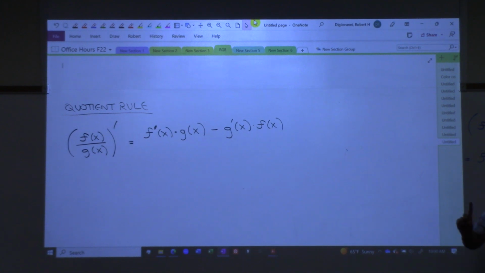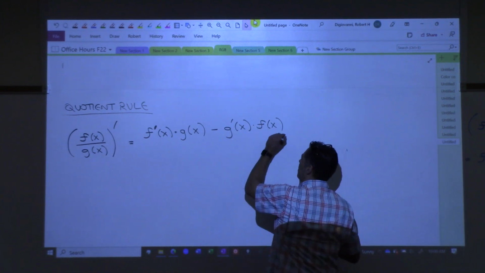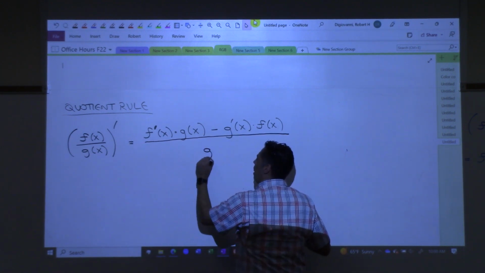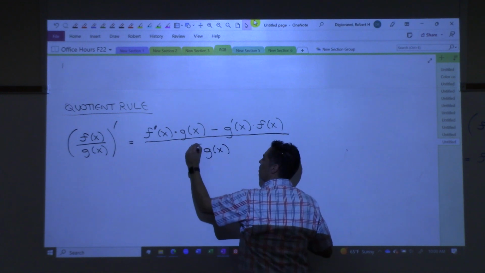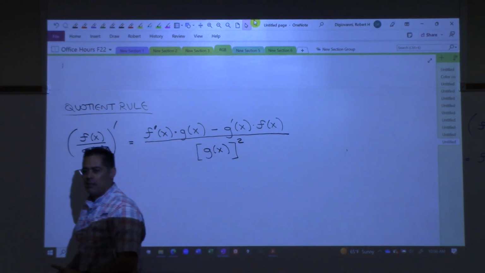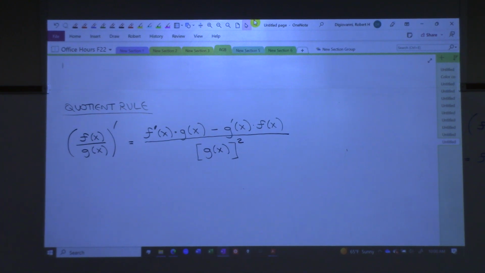One more thing, though. You have to take this entire thing and divide it by g of x squared. That seems like it's coming out of nowhere, right? It's like, whoa, where did that come from? Well, I'm not proving it, so you're just going to have to believe it.